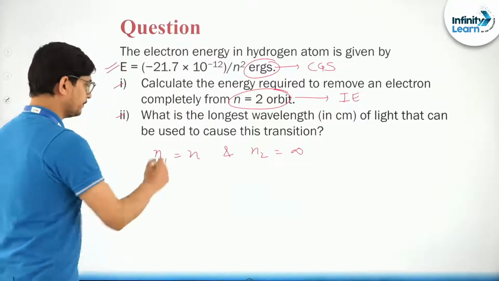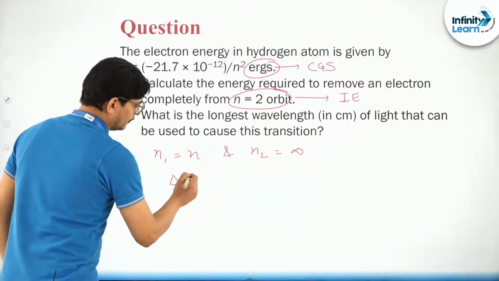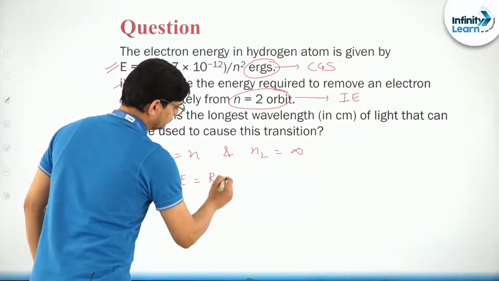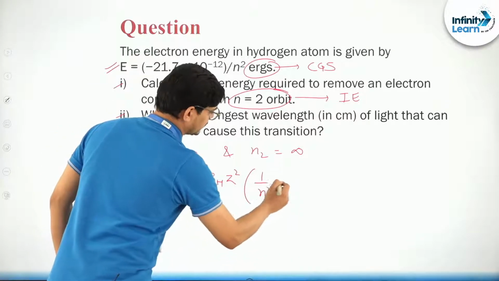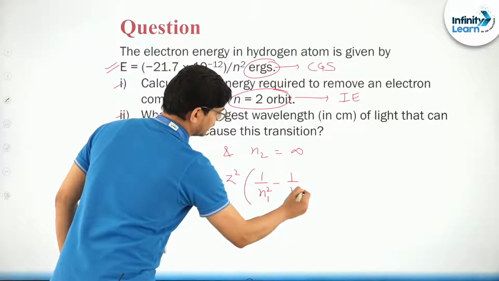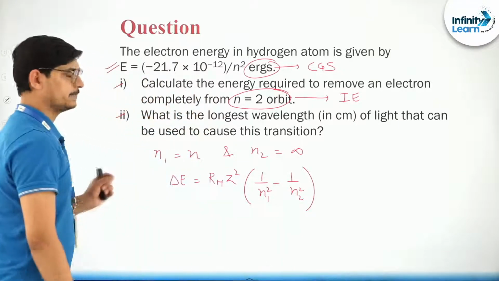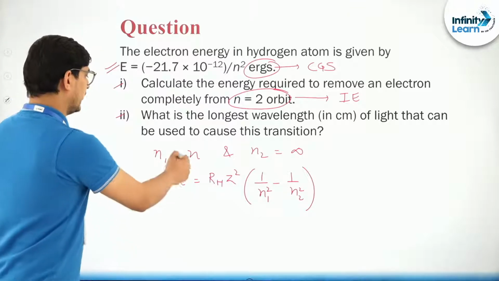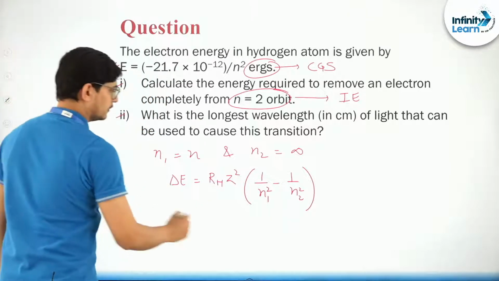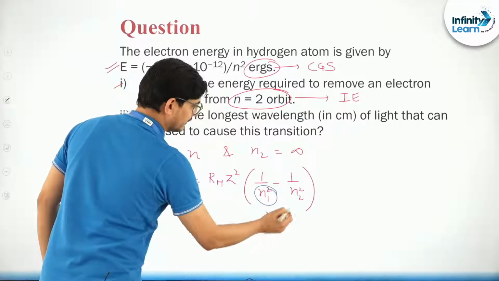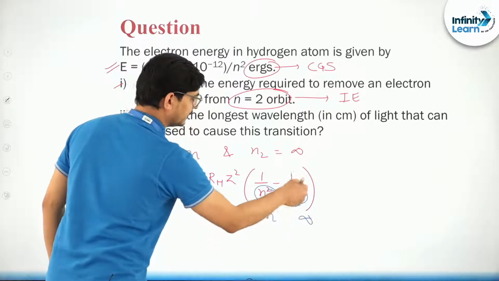Now, the value of energy will be what? It will be RH Z square into 1 upon N1 square minus 1 upon N2 square. Remember, we just derived this formula a few minutes ago. The value of N1 is n and the value of N2 is infinity. 1 upon infinity is 0.